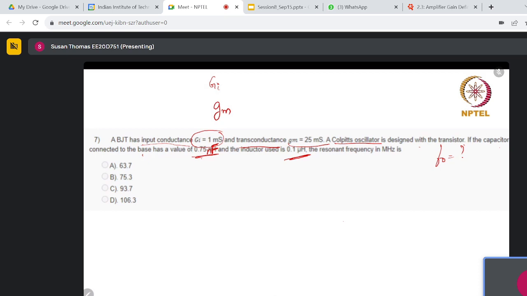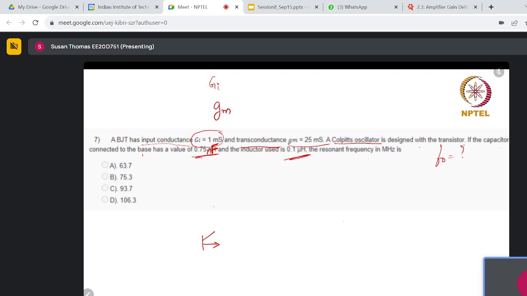First let us see how a Colpitts oscillator looks. All of you know how it is, so let me just quickly draw.